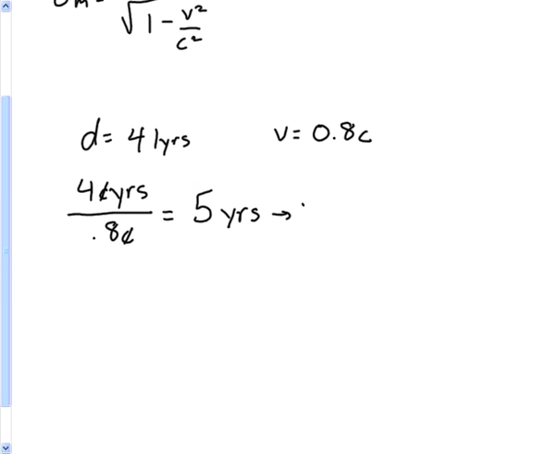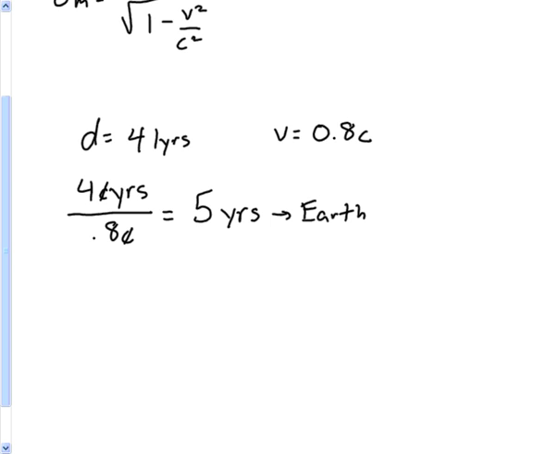That is what it's going to be on Earth. It's going to take 5 years for us to see that spaceship get there. So on the spaceship, we can use the time dilation formula and see how much different it's going to be for the people on the spaceship.